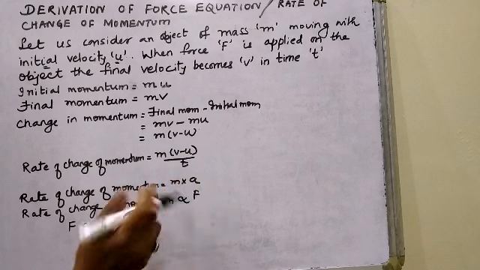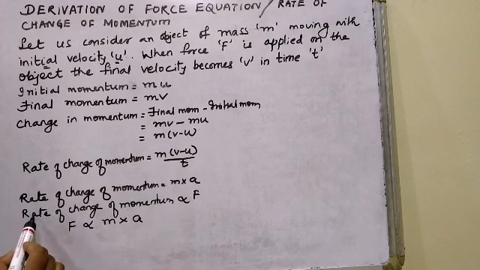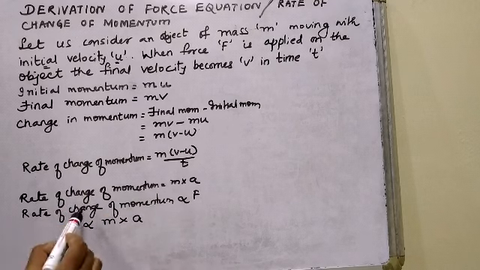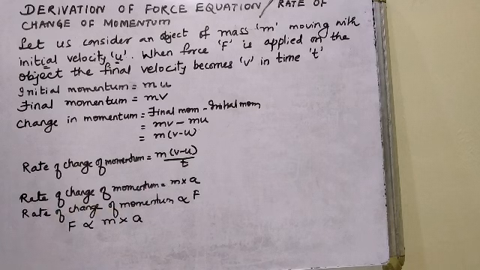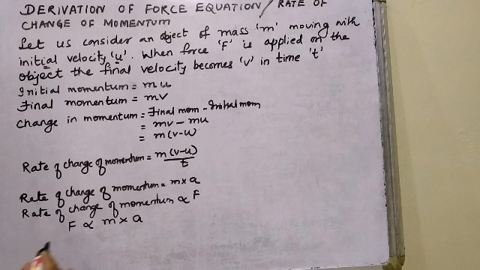And what is the rate of change of momentum that I have got here? M into a. Is it clear? What is Newton's second law of motion? According to Newton's second law, the rate of change of momentum is directly proportional to the applied force. So applied force will in turn be directly proportional to the rate of change of momentum. So F will be proportional to the rate of change of momentum, which is equal to m into a.